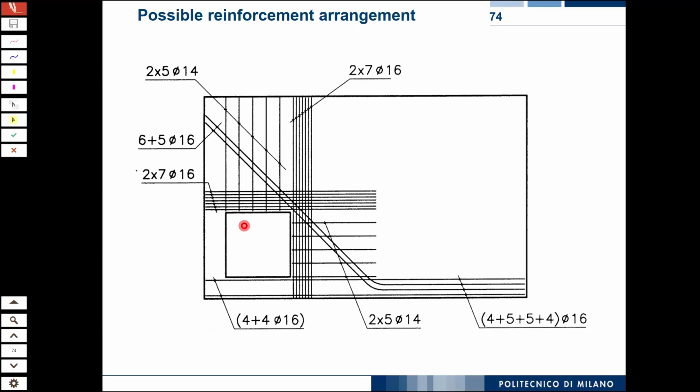But what you can probably do is anchor them in the horizontal way. So you make some kind of hoop, and you do not have enough length to make a continuous one. You could also bend them up, but if you bend them up, you will have too much congestion. So you can anchor that in the horizontal way.